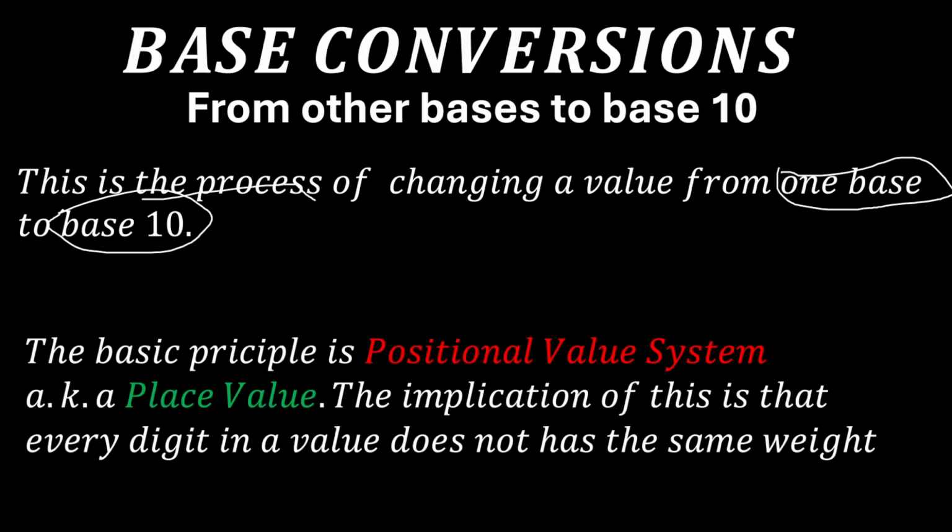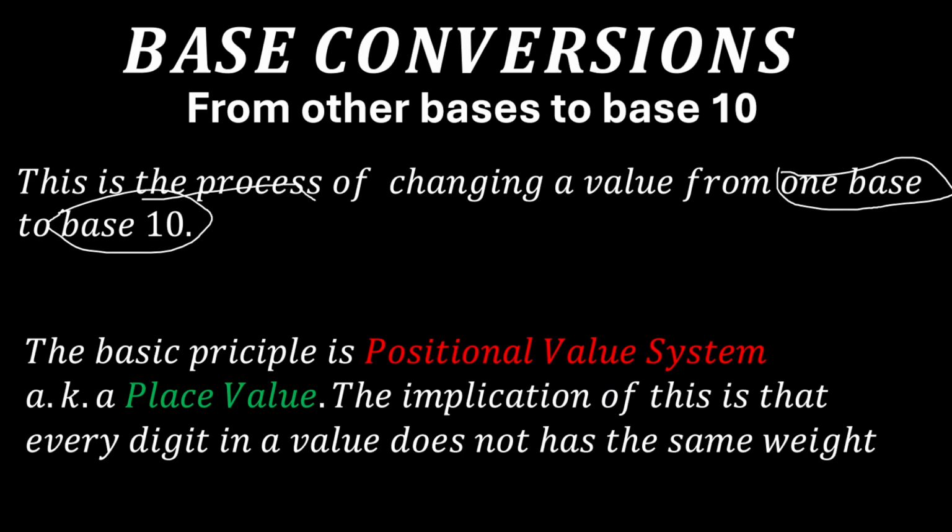The basic principle is the positional value system. When we are talking about position, we are talking about location. When we are placing a particular value at a location in a specific pattern, it is referred to as the positional value system.